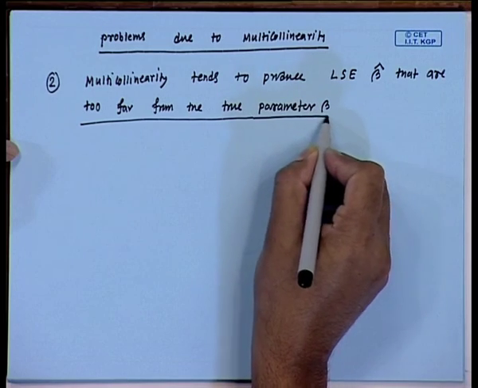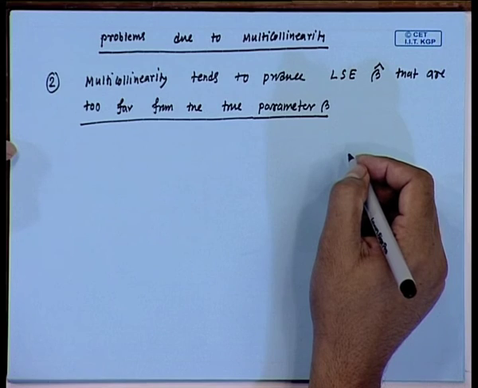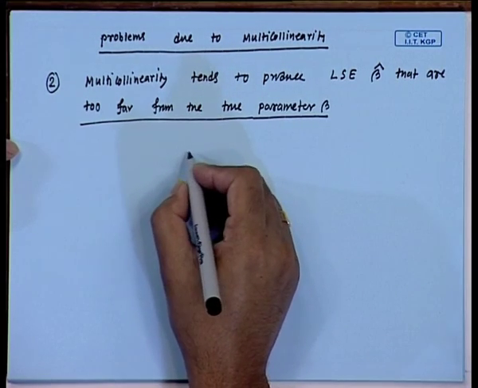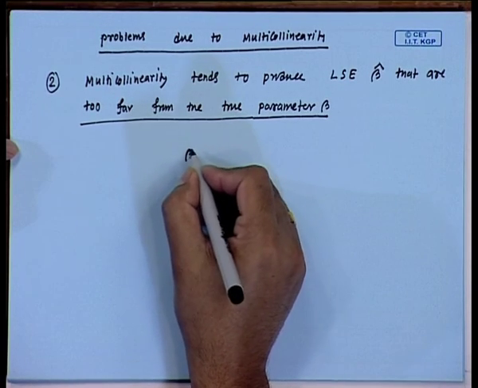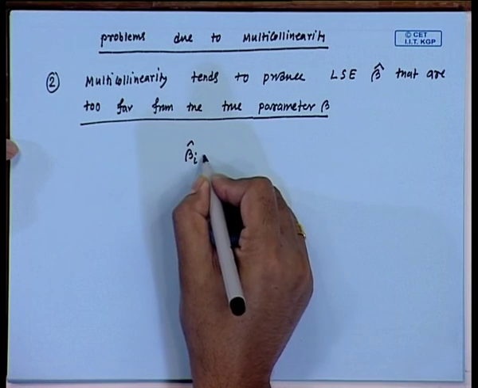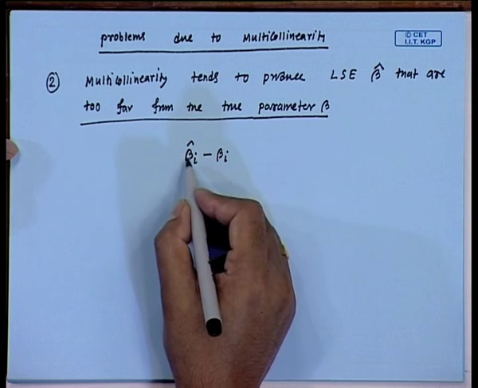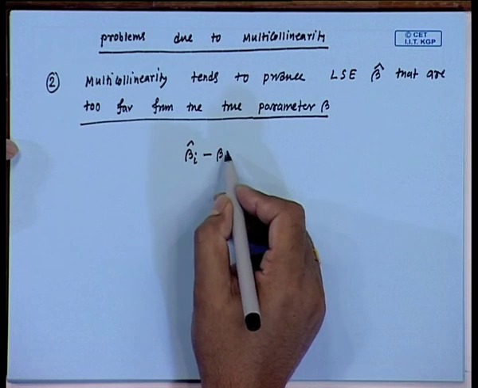Here we compute the square distance between the least square estimate of the regression coefficient, beta I hat minus beta I. This is the estimate of the ith regression coefficient, and this is the true value of the ith regression coefficient.